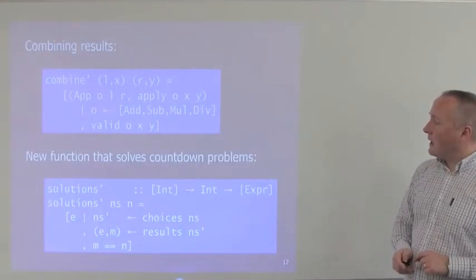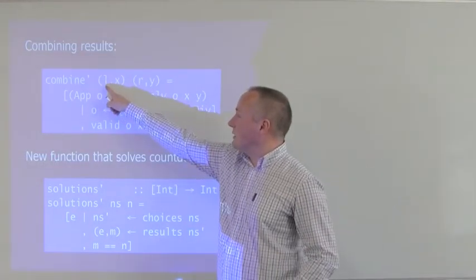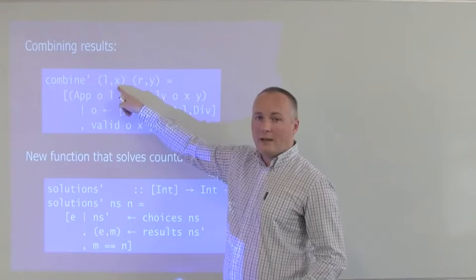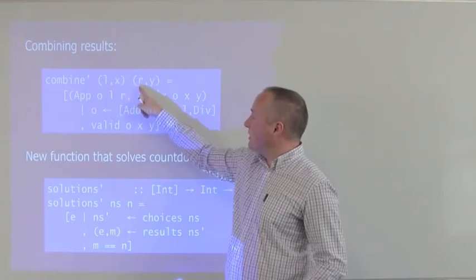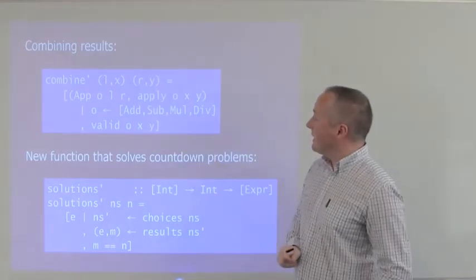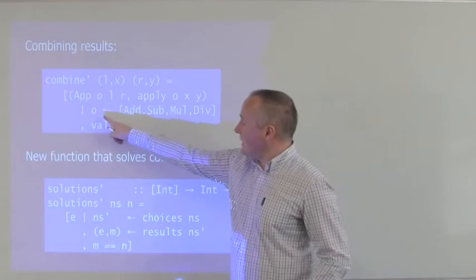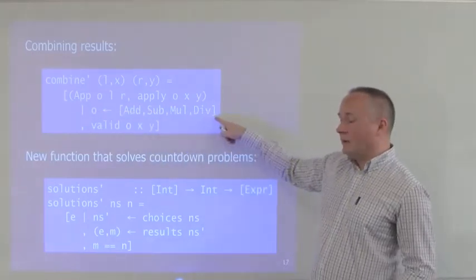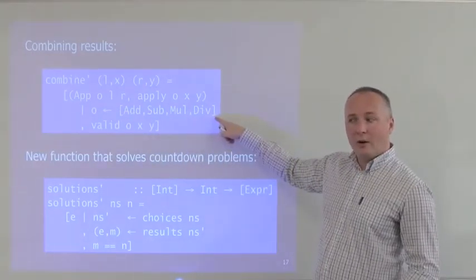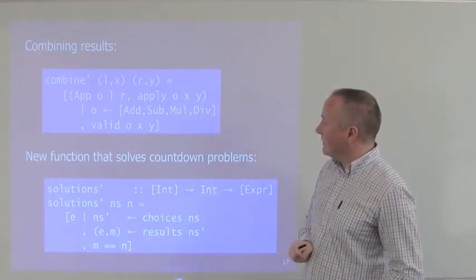So what the combine prime function does is it takes an expression l, which is valid, and its value x, which is a number, an expression r, which is valid, and its value y, which is a number, and then it's going to do a bunch of things. First of all, it's going to select each operator from the list of all four possible operators: add, subtract, multiply, and divide.